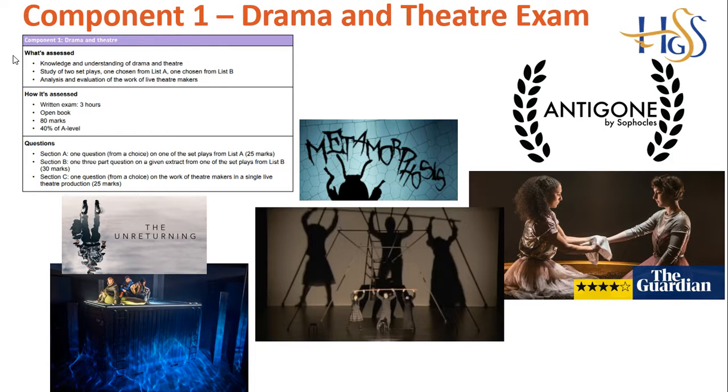Section C requires you to watch a piece of live theatre and review it. That requires you to analyse and evaluate the performance also. Now, the big difference between A-level and GCSE is that in A-level, the exam questions are worth more. So they're expected more extended responses.